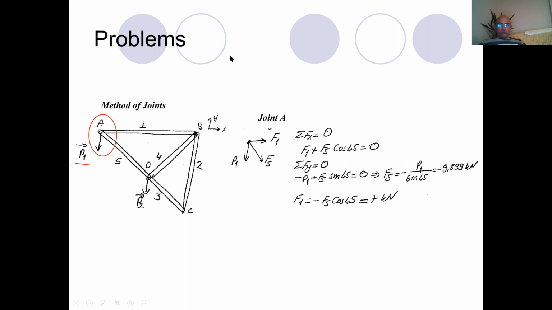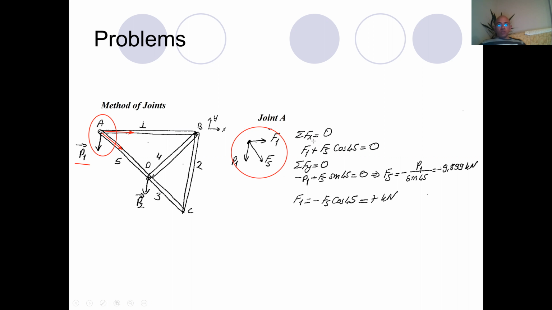We have a force that's coming from member 5, and we have a force that is coming from member 1. As a result, we have this free body diagram for the joint A. We have P1, F5, and F1.